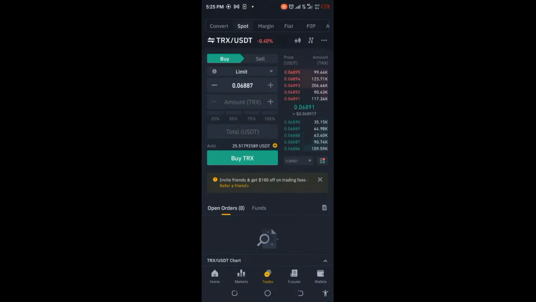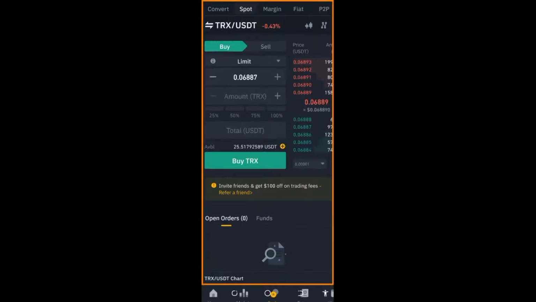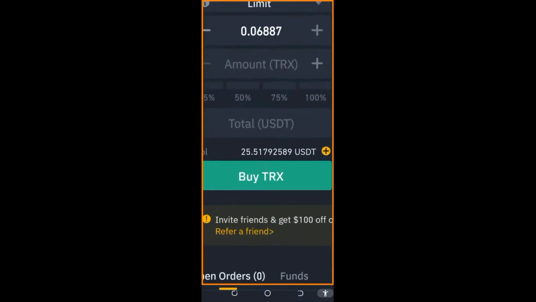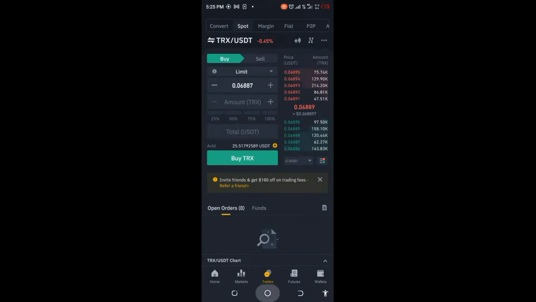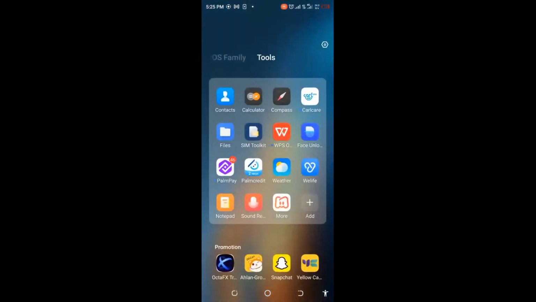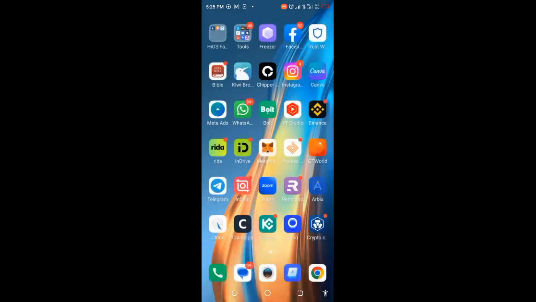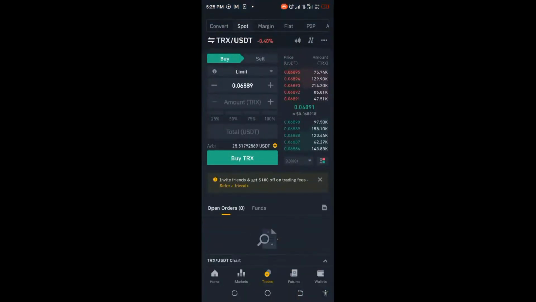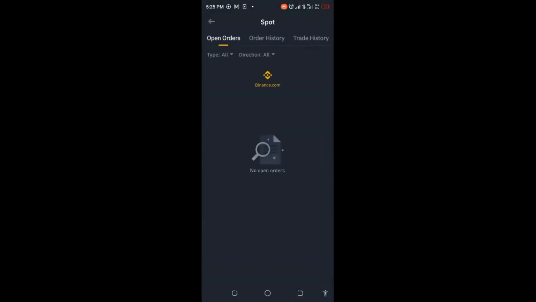And the reason being, like I told you, 2 things have happened, okay? I had to send it down and change it to TRX. And then I also had to send it down and change it again here. So those were the 2 things that happened that made us lose a little bit of money. But all the same, let's look at the trade history so that we'll be able to get everything fully, okay?